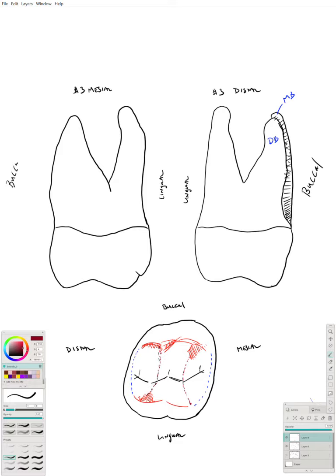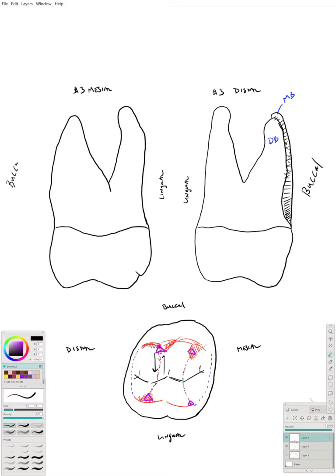So I'm going to mark in purple that we have our cusp tips right here. So think about this like you're looking down on a map of a mountain range or something like that. And as we go towards the middle, we're going downhill. And as we go up towards the cusp tip, it's going uphill.